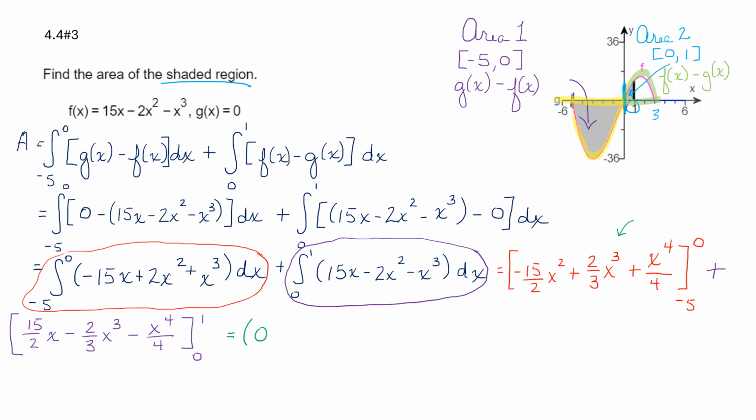Then we're going to subtract where we're plugging in the -5 everywhere there's an x.